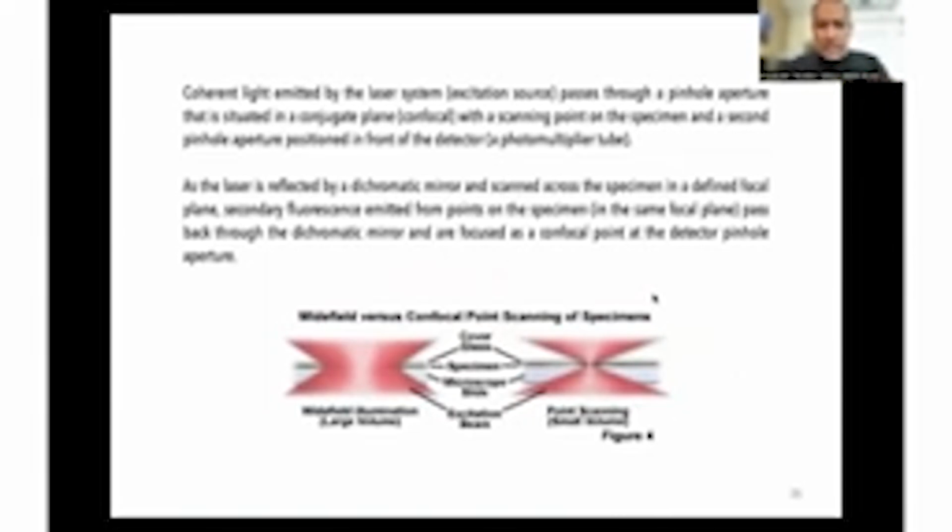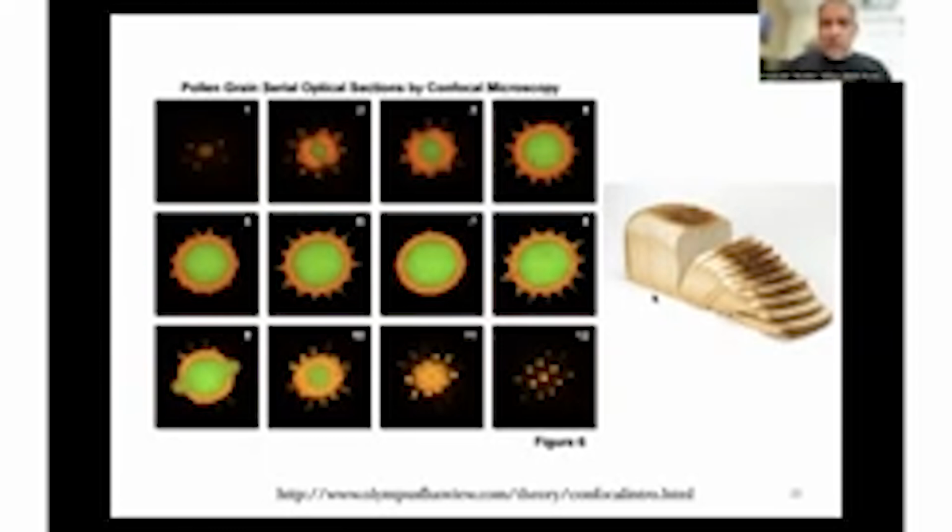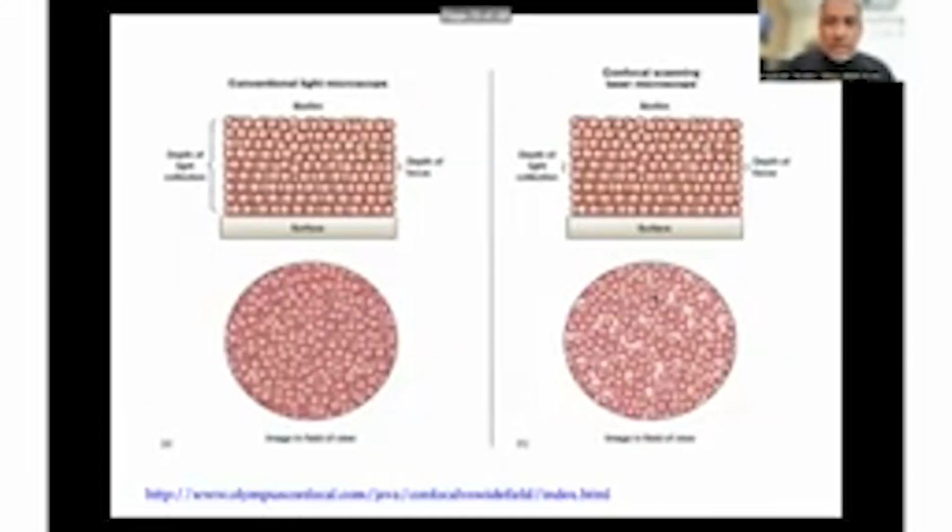I'm not going to get into these aspects. What I wanted you to look at is this other interesting aspect of a confocal microscope, which is that because you are able to collect light from one particular plane, you can actually move the plane and collect light in sections, right?